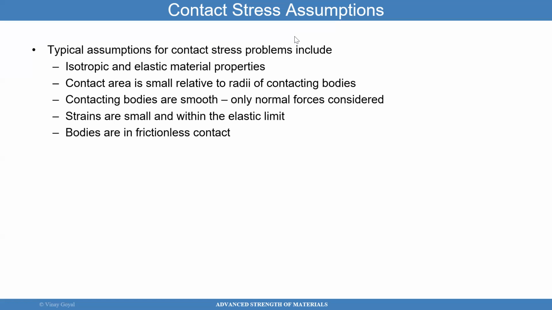So there are no asperities, because if you had asperities, you'd get some amount of shear force, but you may also get localized additional stress concentrations near the contact location. So we're only going to look at normal forces in these calculations. And then we're going to assume that the strains are small, and we stay within a linear elastic regime.